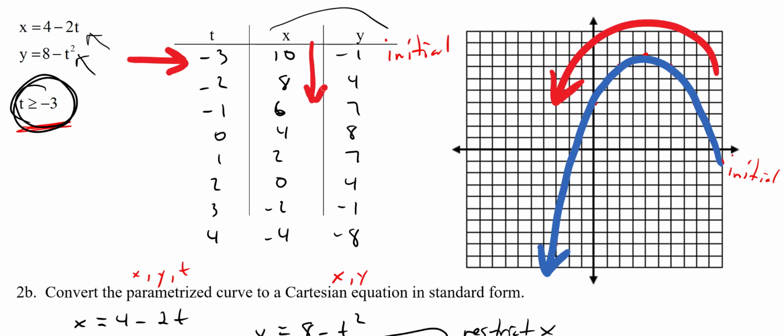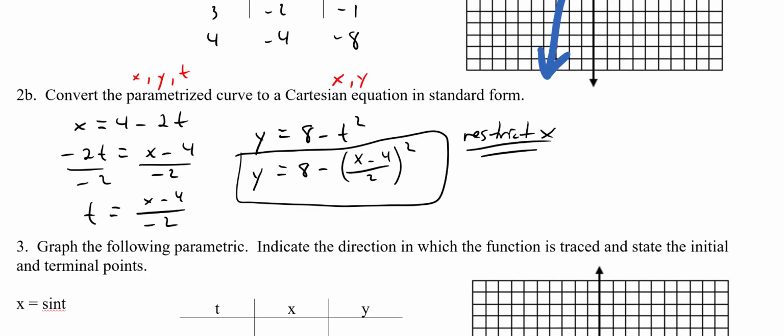Or you could literally take that -3 and plug it back into the equation, which is really how you got the x, but recognize that it's going down. That's why if you look at the t chart, you can see x starts at 10, and it goes down from there. So you would say x is less than or equal to 10. Okay, and that's your answer.